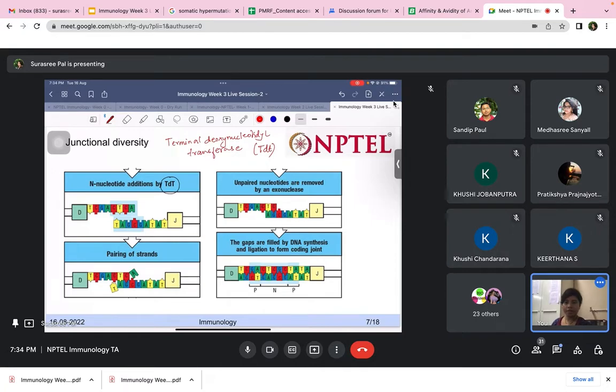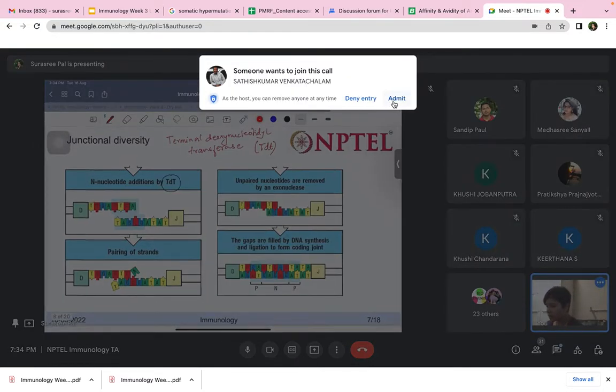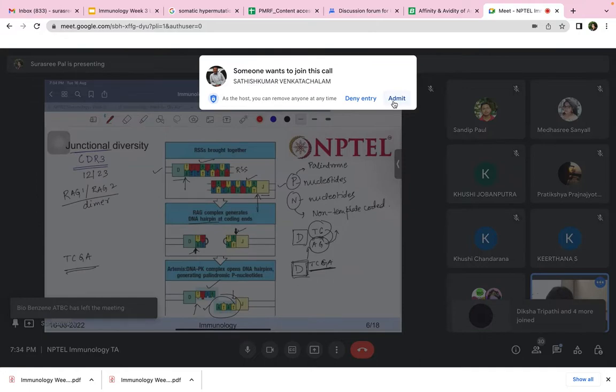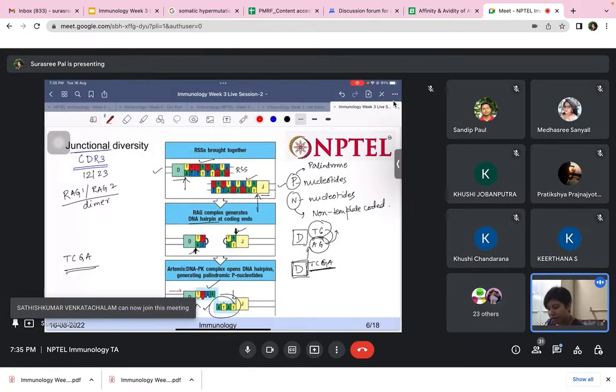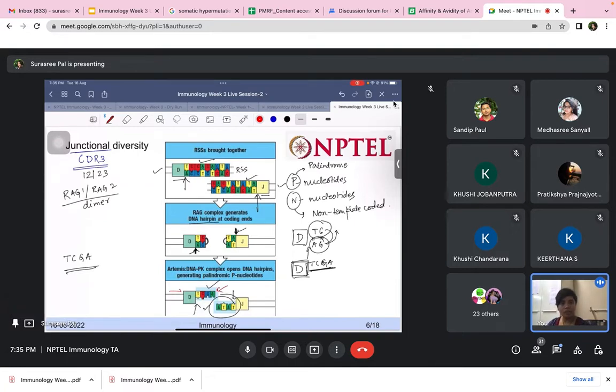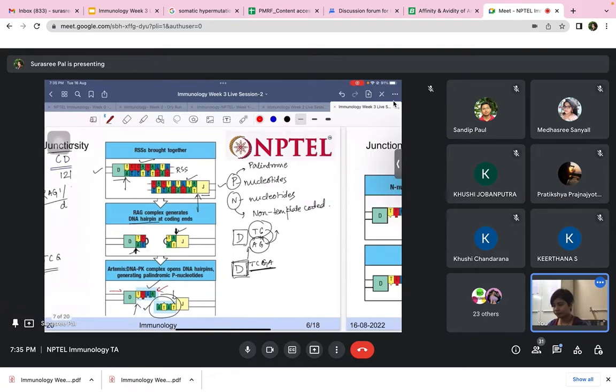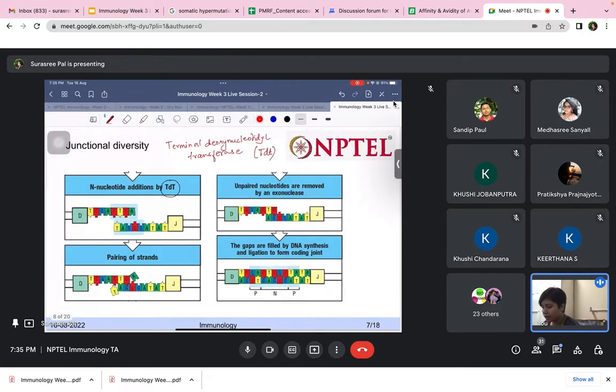These ends were generated here, right? After the action of the Artemis DNA-PK complex, the TDT enzyme keeps on adding some more nucleotides. Here you can see the nucleotides that are added by the TDT enzyme are shown in these boxes. So these are some additional nucleotides which are added by this TDT enzyme.